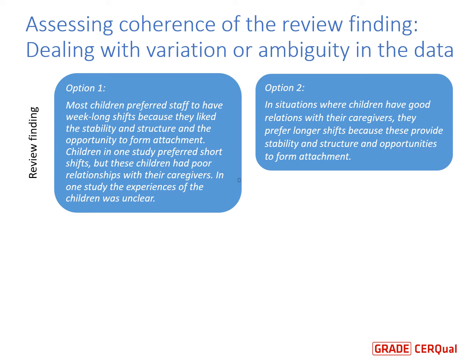However, in one of the primary studies, some children had poor relationships with one staff member and preferred short shifts. And there was also one study where the children liked the staff, but some of them appreciated the variation in staff that was associated with short shifts.